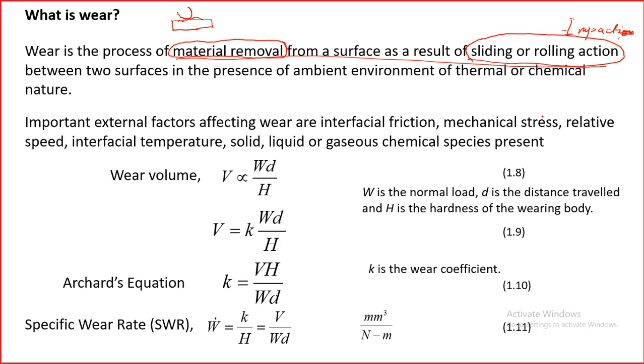So material removal by, for example, a chemical reaction will not be considered as wear, unless there is a mechanical process also involved. So for example, purely chemical material removal, what is the process called?